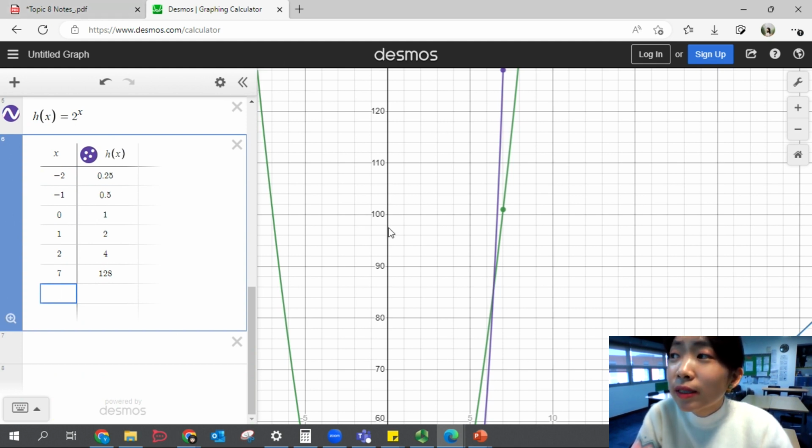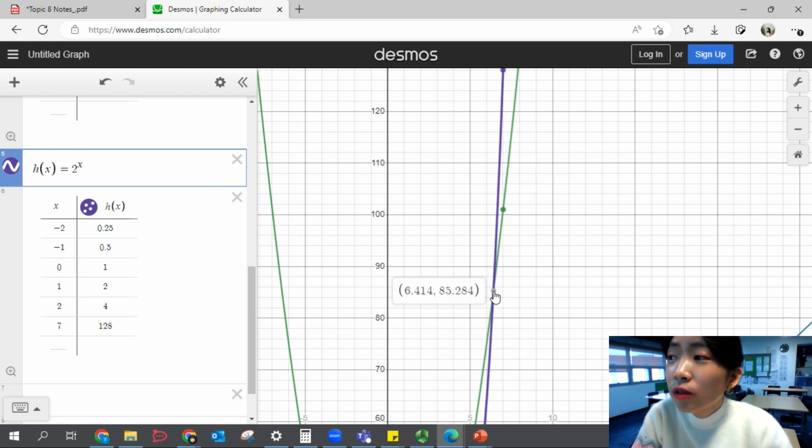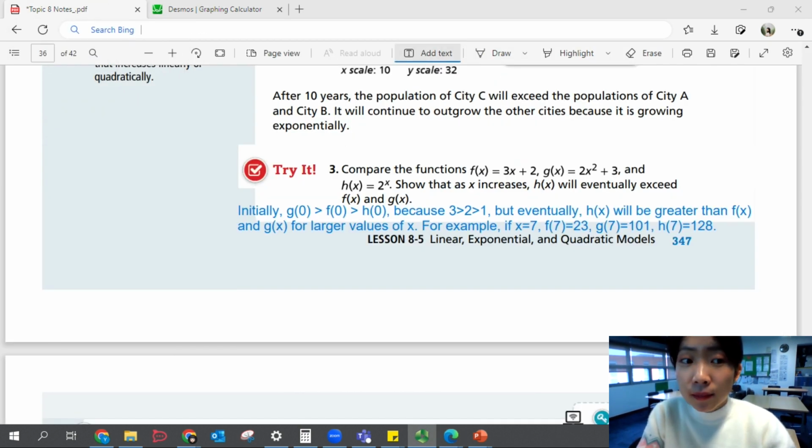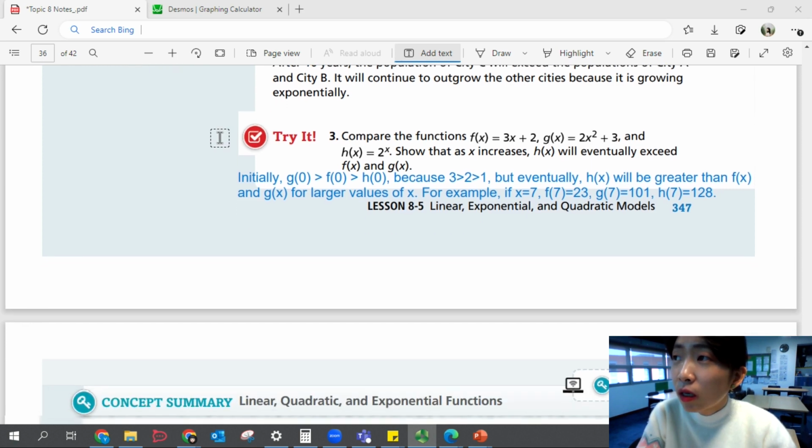Okay? To be exact, when x is equal to 6.414, maybe. So if it's greater than 6.414, then your y values of h of x already exceed the y values of the other graphs. So let's write that down. Okay, so you can write this down.